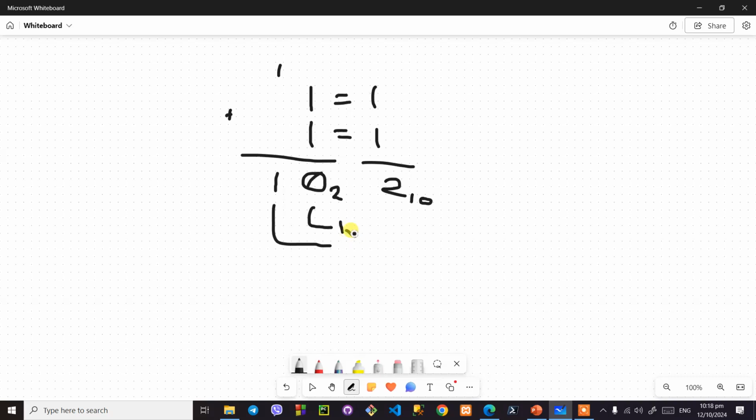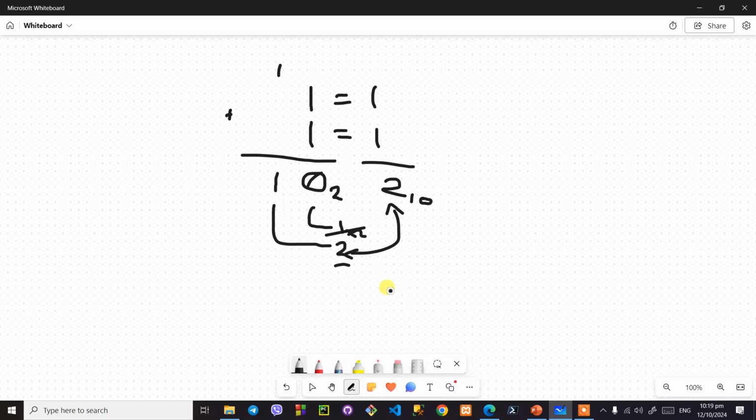Times 2, that is 2. Since there is no other digit to be computed, we stop at 2, because the other 1 doesn't have any value. So we have here 2, meaning to say 1, 0 is equivalent to 2. So both of them resolve the same.